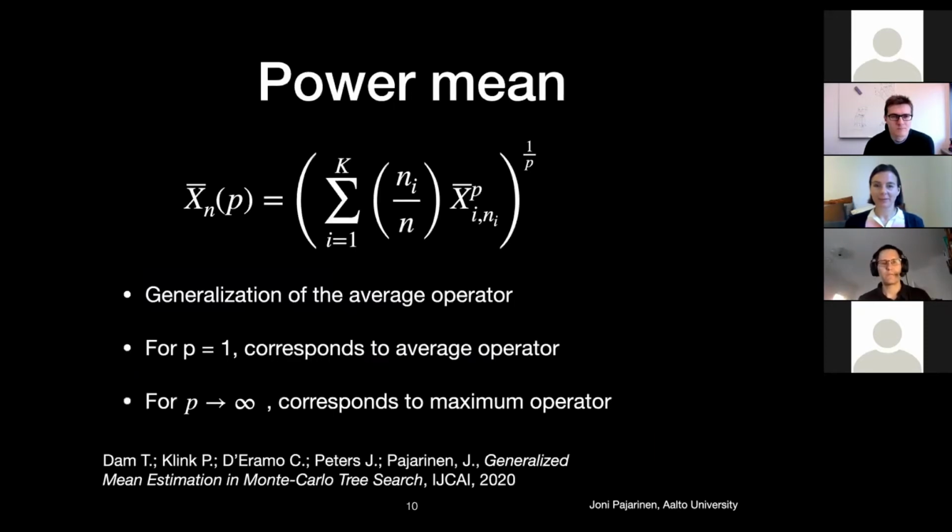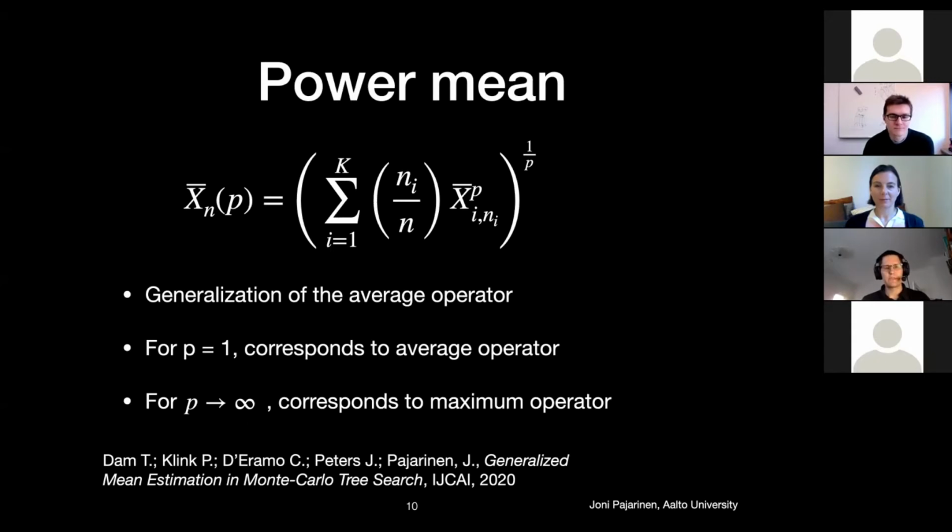So we propose the power mean operator. This is a rather simple modification to the average operator. We have an additional hyperparameter p here. So we take the average values to the power of p, and then take the p-th root of the whole thing.